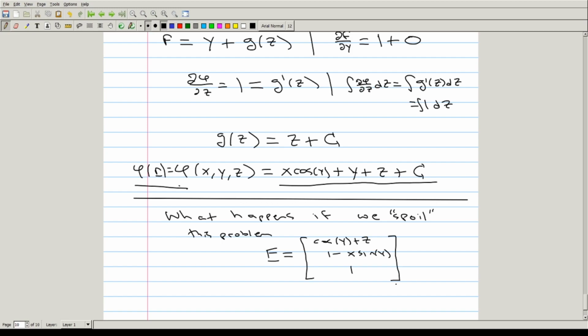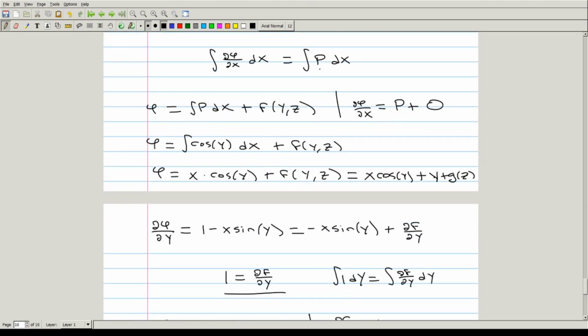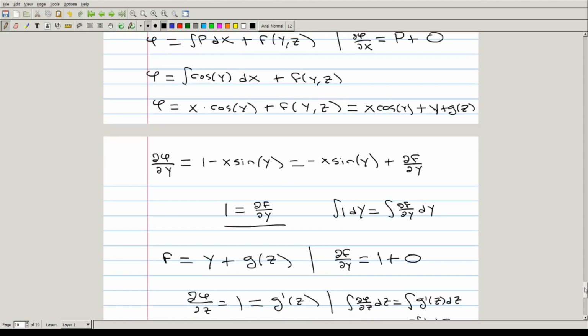So first things first, if you take the curl of this vector field, you'll see that it's not curl free. The curl is not equal to 0. Therefore, it's not conservative. But nevertheless, you can try to proceed similar to how we proceeded here, going through and solving for that potential function.